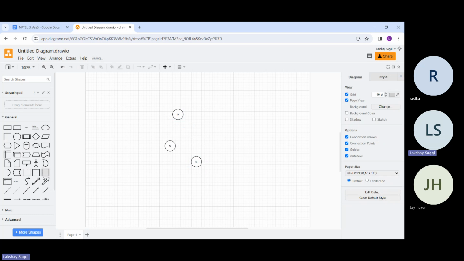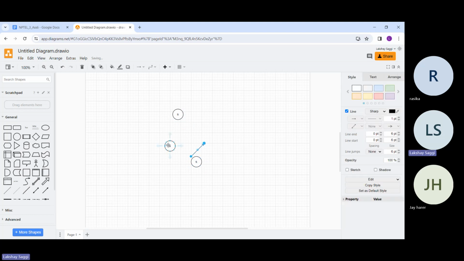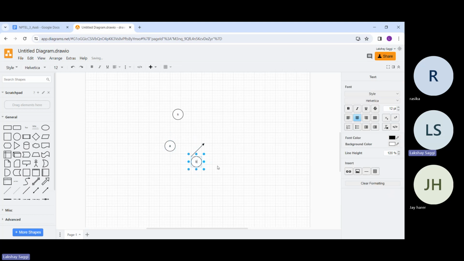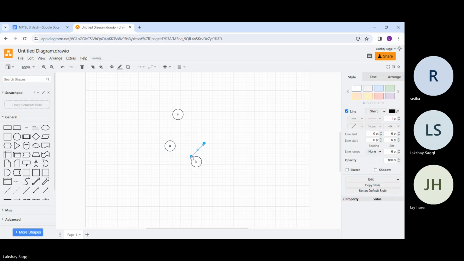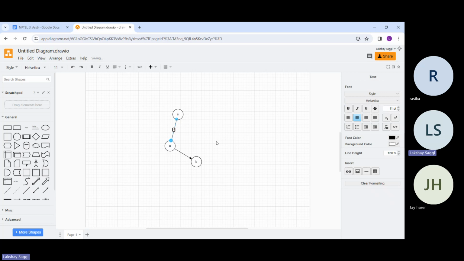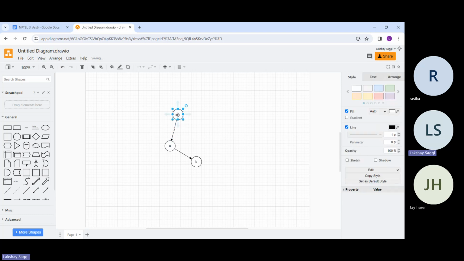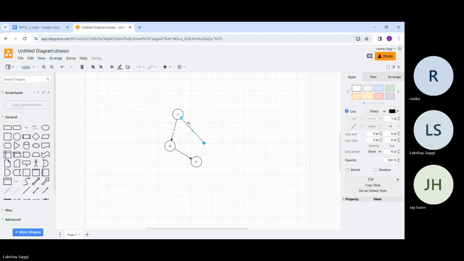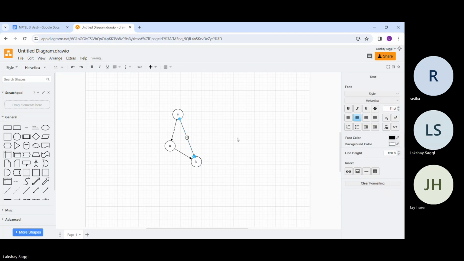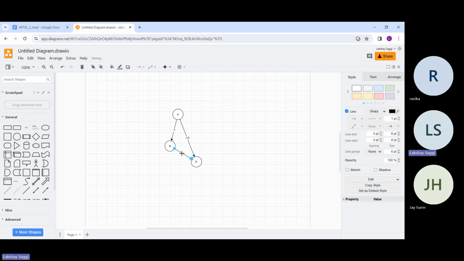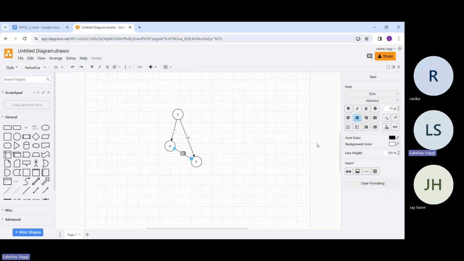Suppose this is source vertex S, let's say this is A, this is vertex B, and suppose the edge from S to A had a weight of, let's say, -1. So we are assuming that we have negative weights. And now let's say there was another edge from S to B, which had a weight of -10. But now let's assume that A to B had a weight of -20.